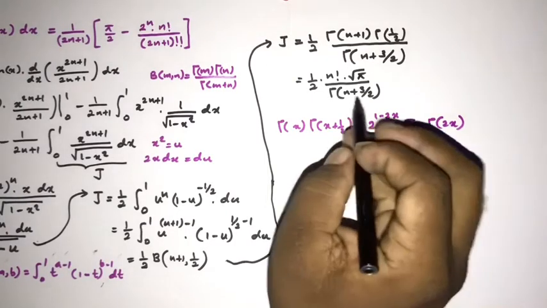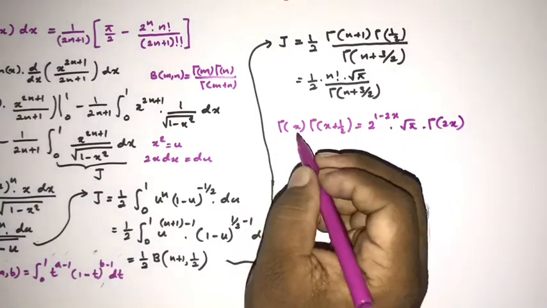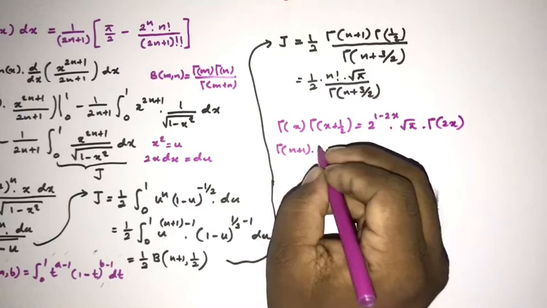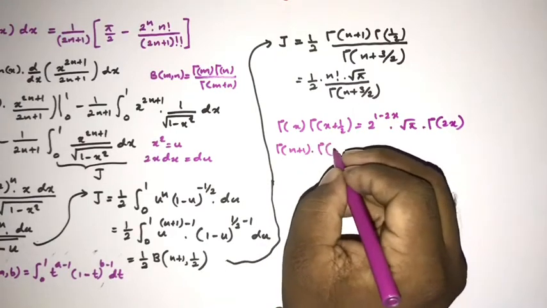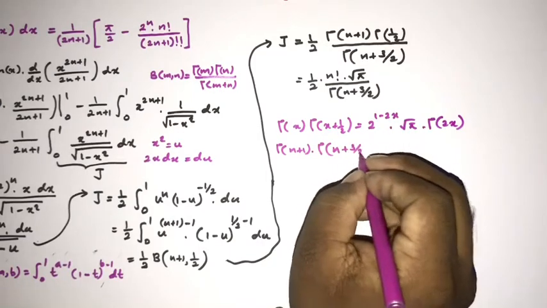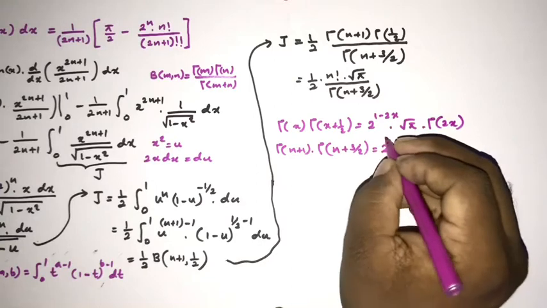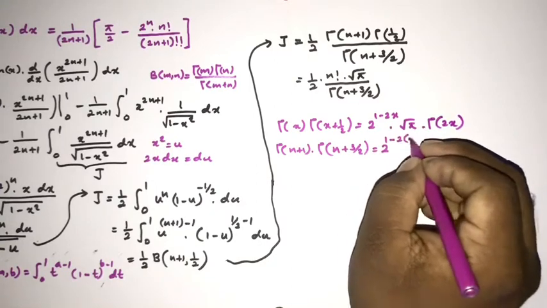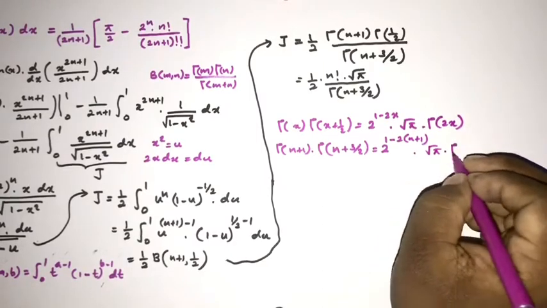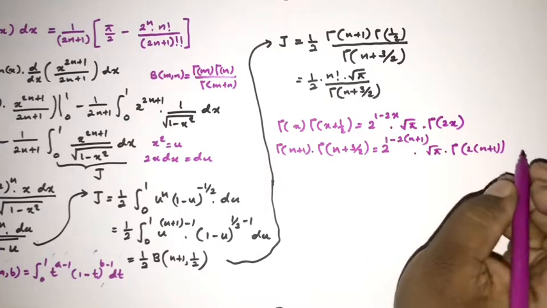Here we have gamma of n plus 3 over 2. Therefore, instead of x I am going to apply n plus 1. So here gamma of n plus 1 times gamma of n plus 1 plus 1/2, we know 3 over 2, is equal to 2 raised to the 1 minus 2 times n plus 1 times the square root of pi times gamma of 2 times n plus 1.